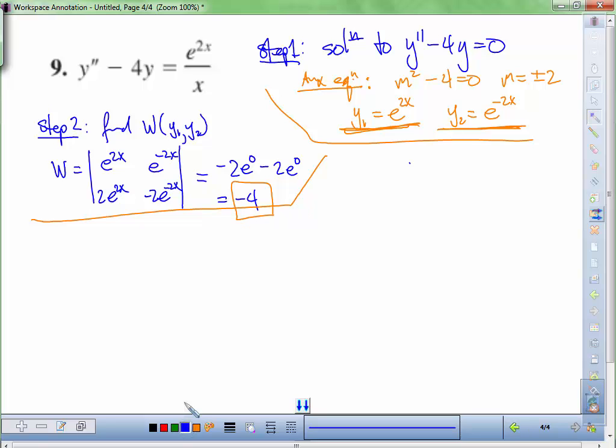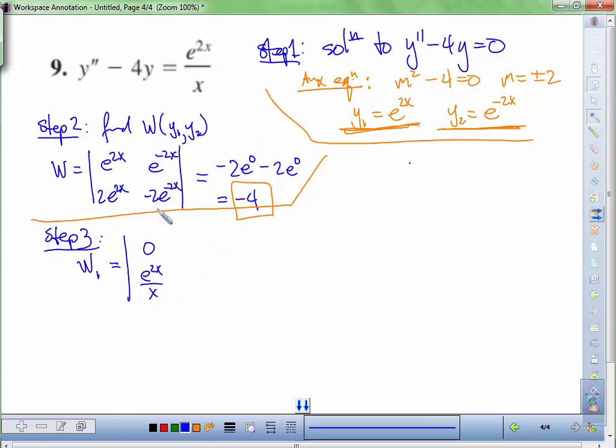Step 3, we need to find 2 more Wronskians that will replace column 1 and column 2. So we need the Wronskian, we'll call it W1, and for W1 I'm going to replace the first column with 0 and the function, e to the 2x over x.